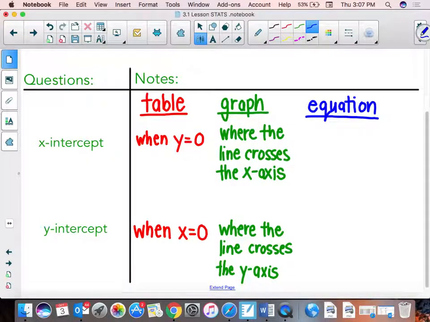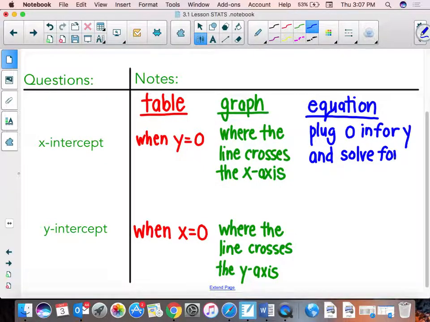In an equation, for your x-intercept, you are going to plug 0 in for y and solve for x.